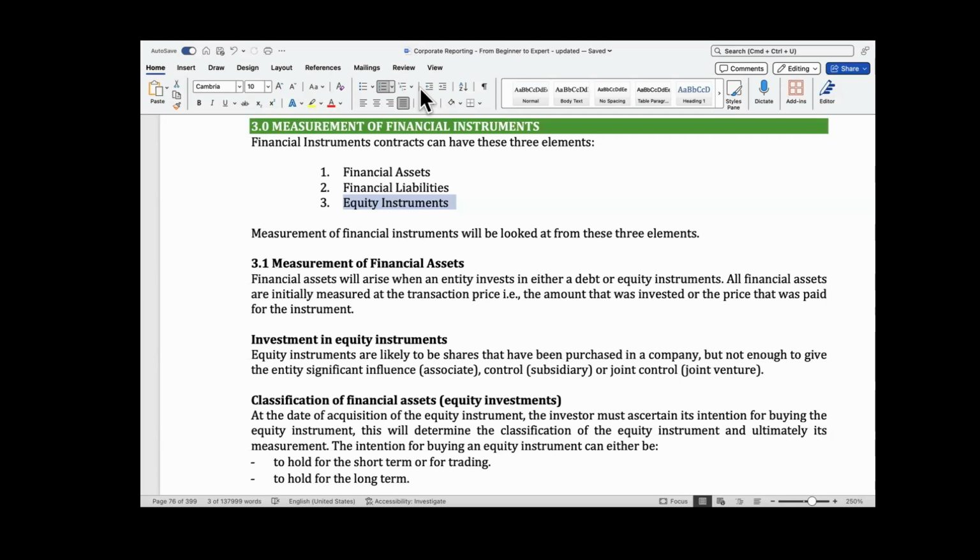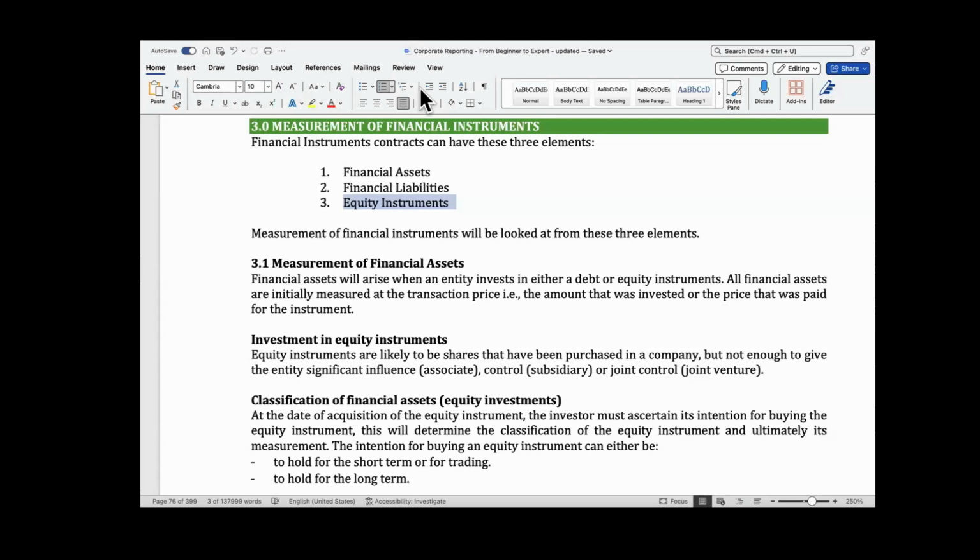Okay. IFRS 9 did not talk about that, and that's because it's country specific. In Nigeria, when you issue share capital, you're supposed to measure that share capital at nominal value, in the sense that any amount above that nominal value will be recognized into a share premium account.